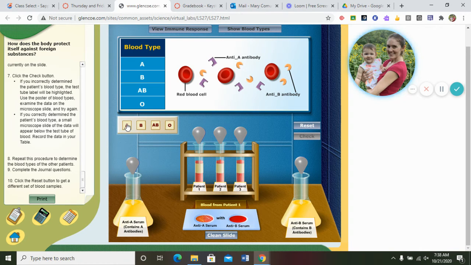So I'll just start with the first one here, put that label on it, and I'm going to hit the check button. So it did not highlight itself, so this particular test tube contains type A blood. So patient 1 for my experiment is type A.